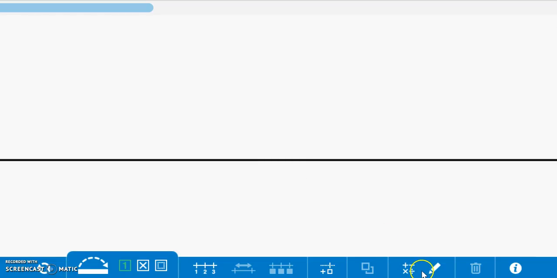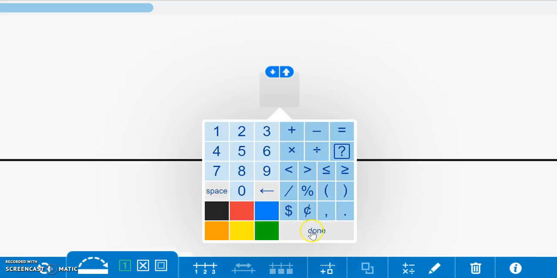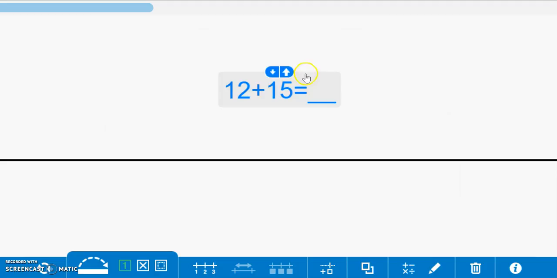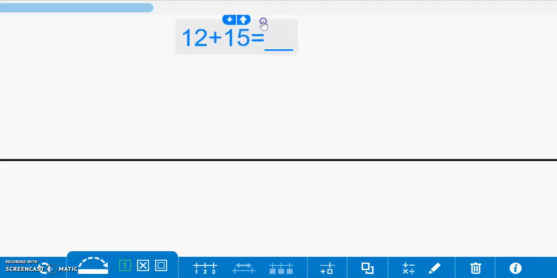And she needed to know how many total containers of slime she had. So I could start my number model. So Juliana had 12 containers of slime, and Caitlin had 15 containers of slime. And I want to know how many containers of slime have now been coming to my house. So there's my number model. 12 plus 15 equals something.